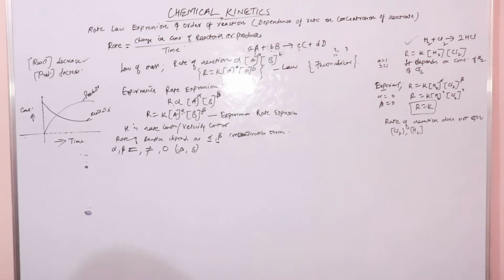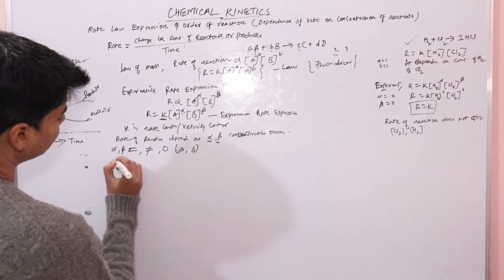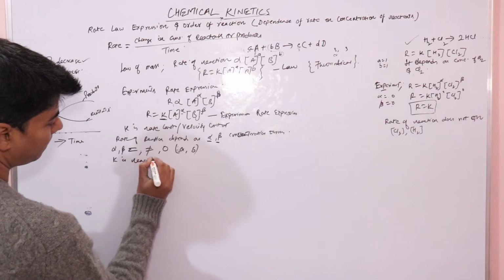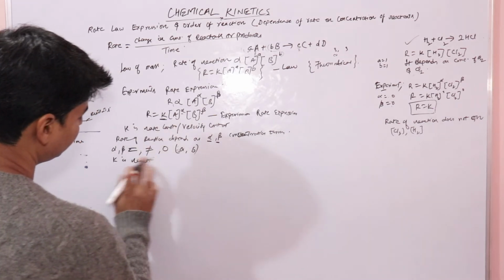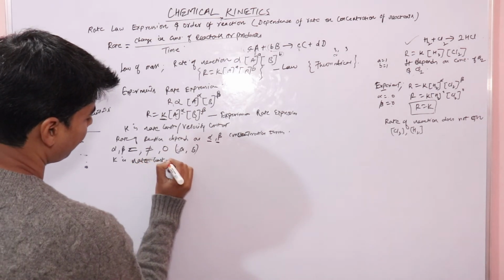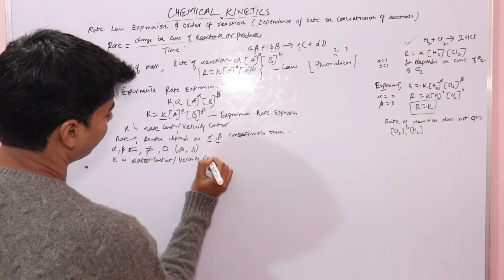Now this K, sorry, K is your rate constant, or we also call it velocity constant, right?